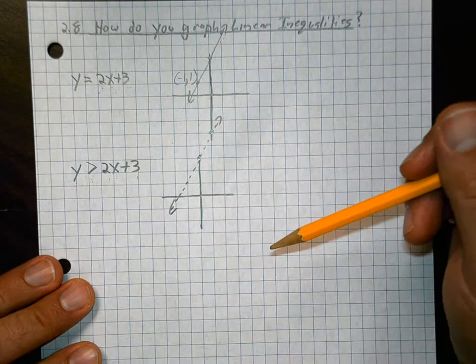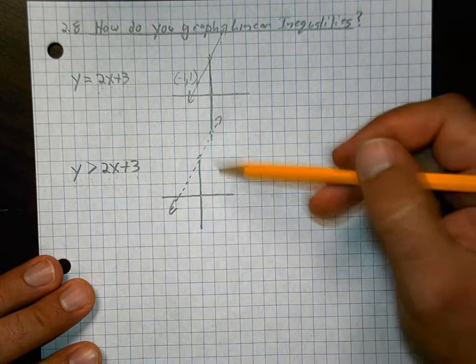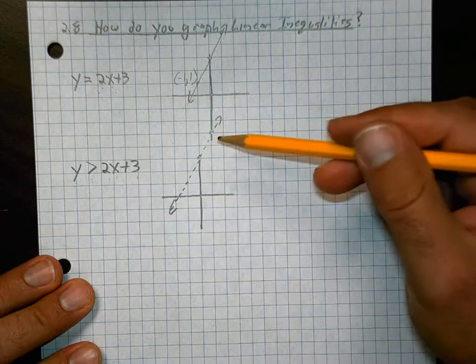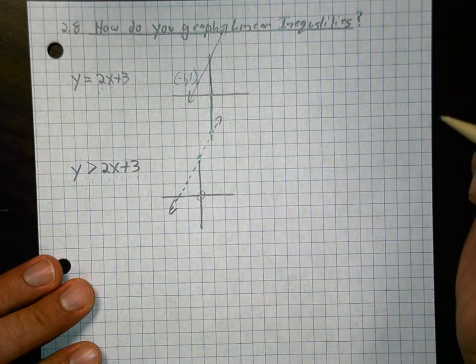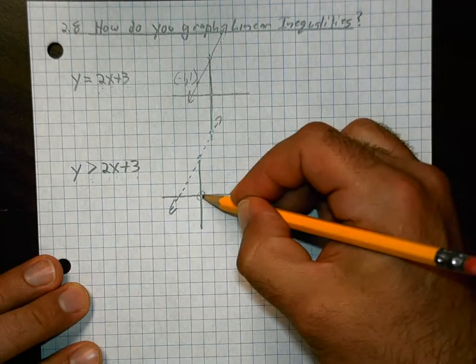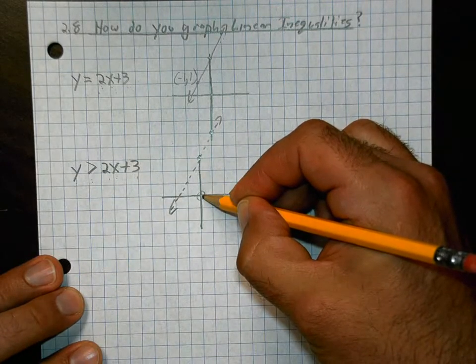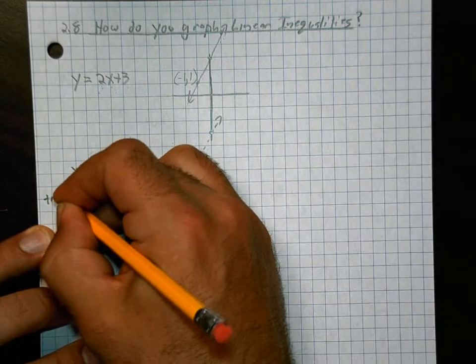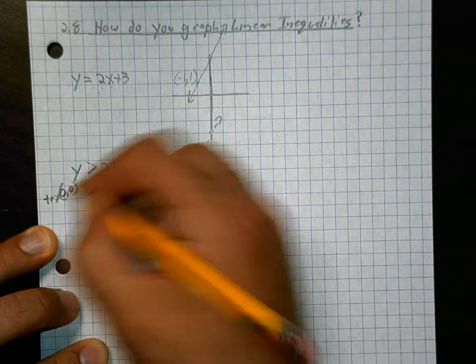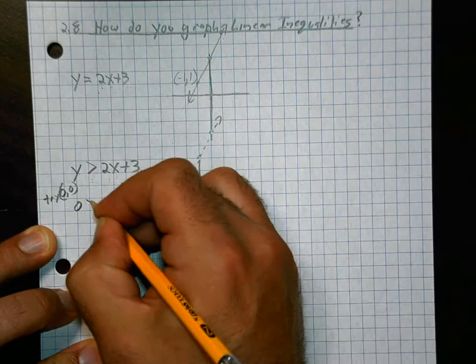So what we do is we test a point. So we choose any coordinate here that's not on this line, test it. Usually the easiest point is 0, 0, unless it happens to be on our line. So let's test 0, 0. If I try 0, 0, I would have 0 for y.